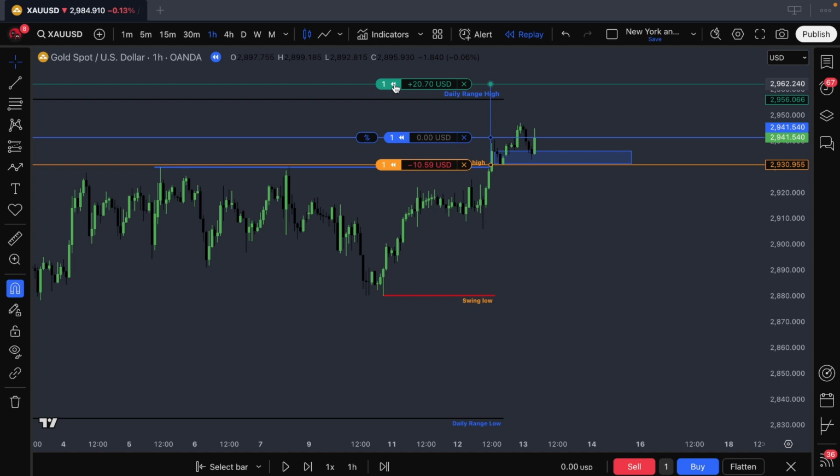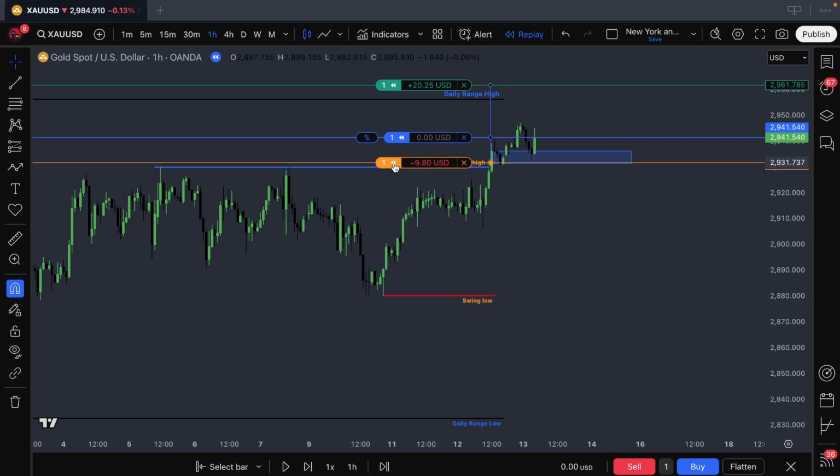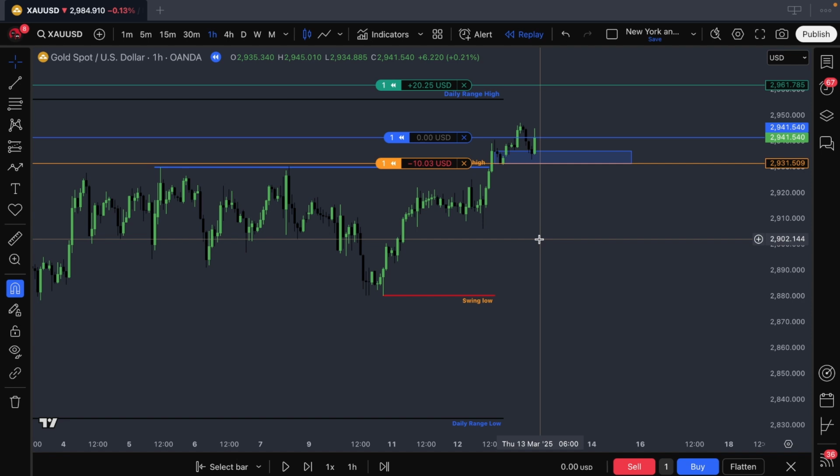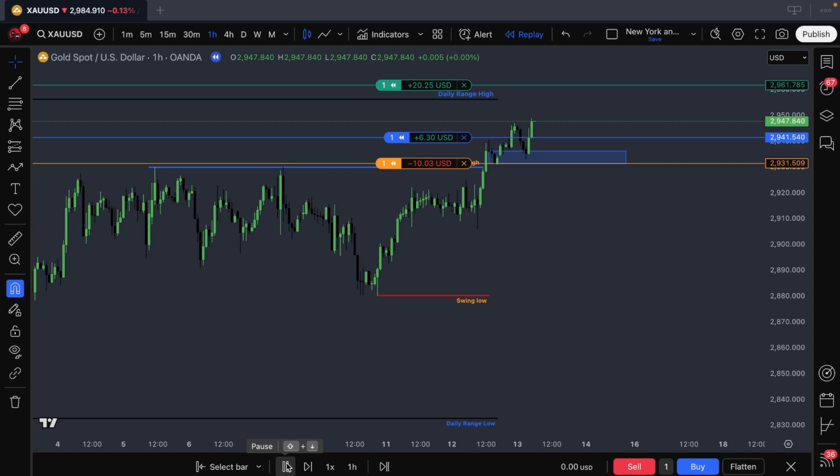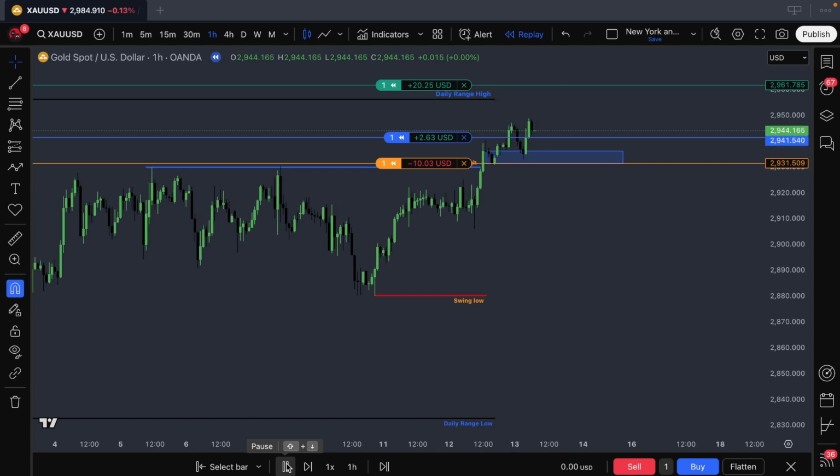You should respect your setup. So I'll put it at 1:2. So risking $10 to make at least $20 sounds like a reasonable risk reward, right? Okay, let's see how it played out.